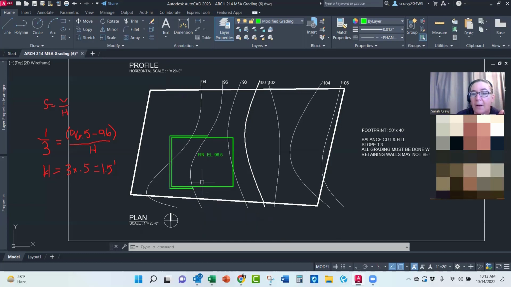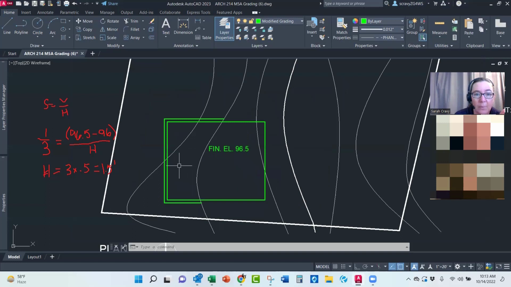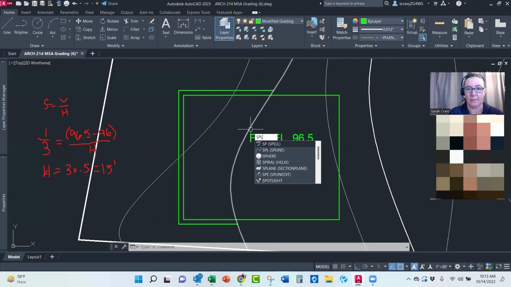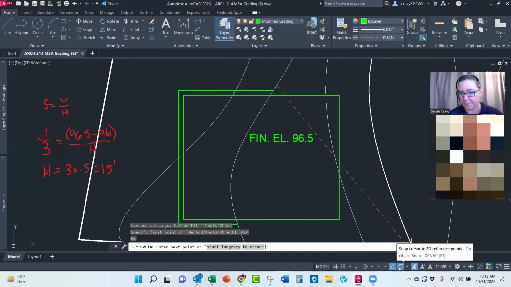Now you also can do it a little more fluidly, a little more organically, if you like. The way we would do that, and I'm zooming in here, is to create a spline. We want it from right about here. I'm going to snap from near here. I'm going to turn off my other O snaps because they're getting in the way.